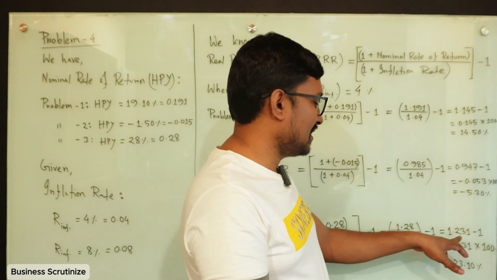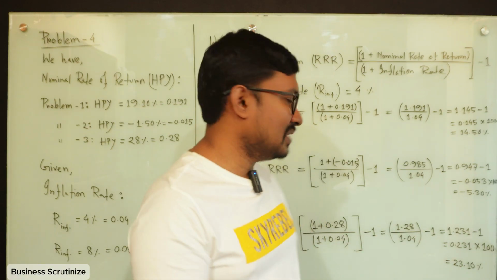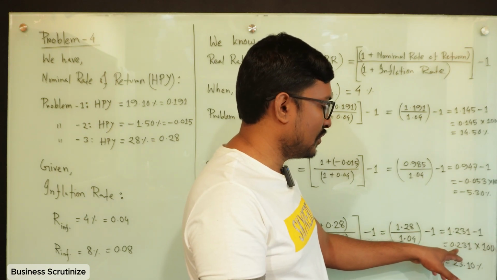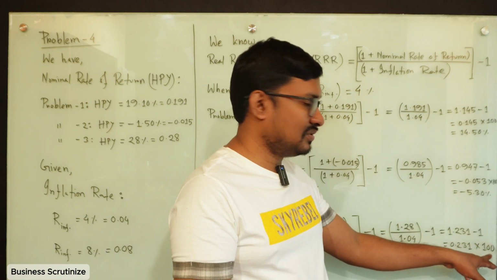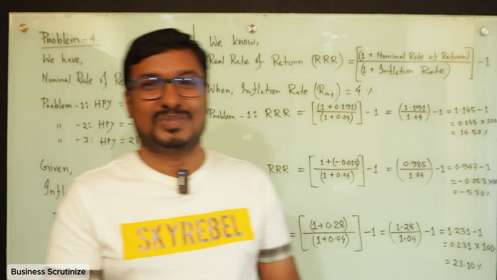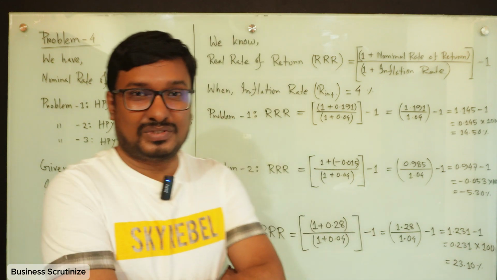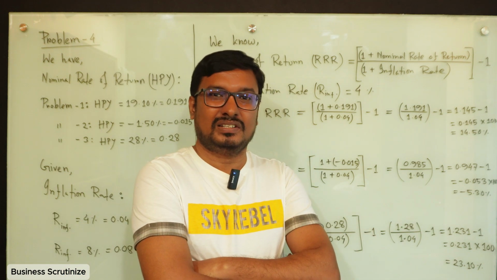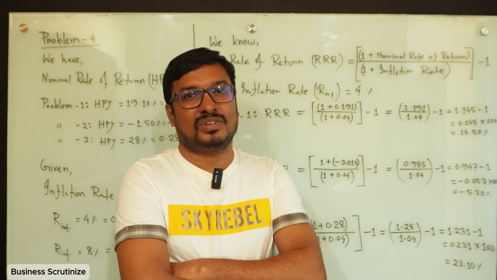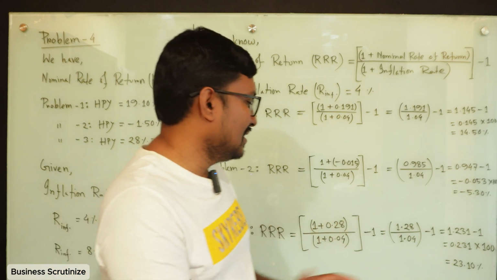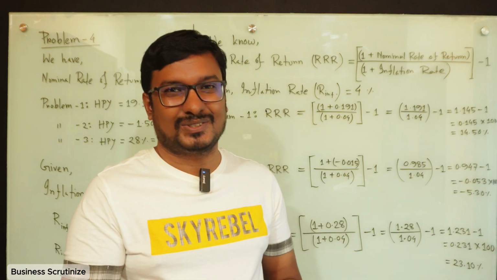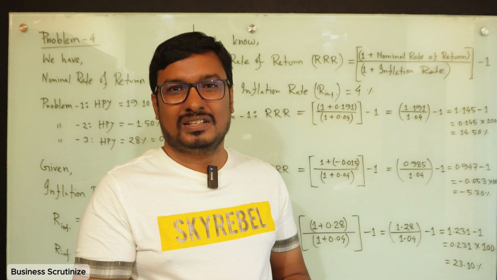After division we get 1.231, minus 1 gives 0.231, multiplied by 100 is 23.1%. So 23.1% is the real rate of return: considering 28% as the nominal rate of return and 4% inflation, we have 23.1% as the real rate of return. In this way we can find the real rate of return.